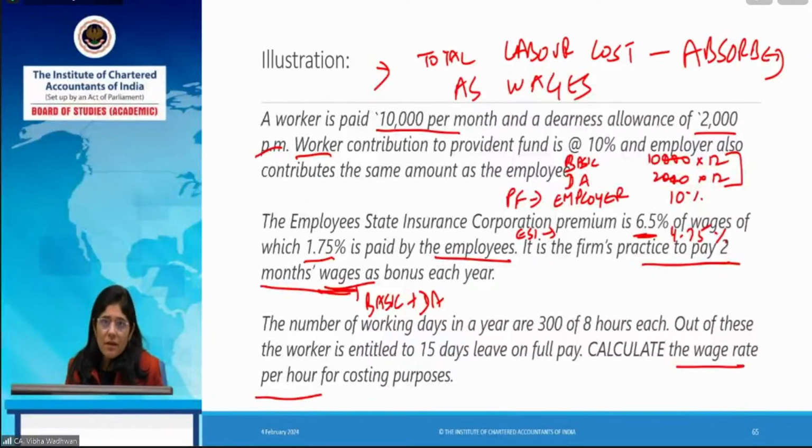We are absorbing the entire cost, the basic, the DA, the bonus, the employer contribution, everything as part of wages. We are not considering the rest as overheads. Generally in an organization, whatever we pay to direct workers, we treat as part of wages only. We absorb them as direct wages on the basis of the effective rate.